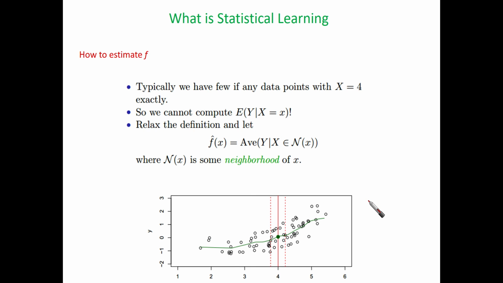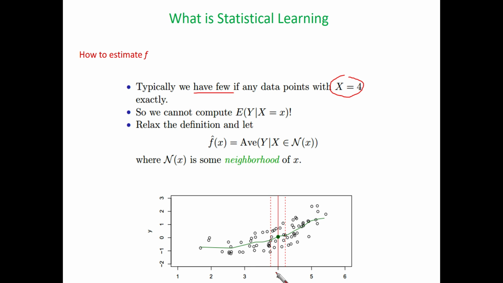So how do we estimate this f? Let's say we have these data points here. Generally, at a very particular location, let's say x equals 4, we have few data points, not many.